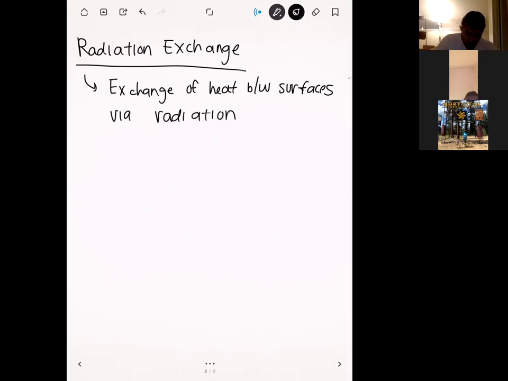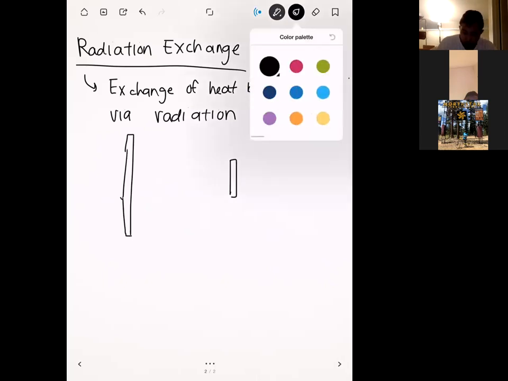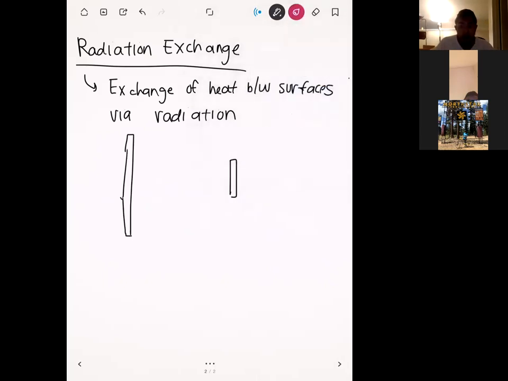If you have two surfaces, let's say one surface like this, maybe another surface like this, we know that since both of these have a non-zero temperature, they're going to be radiating heat on each other. So there's going to be an exchange of heat going on. What we defined last time was this Q_ex, or this exchange of heat between the two surfaces. We'll call this surface 1, and we'll call this one surface 2.